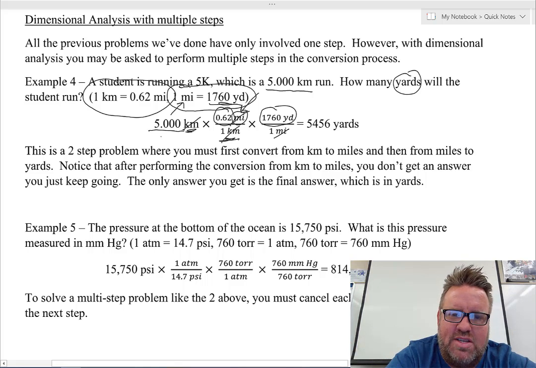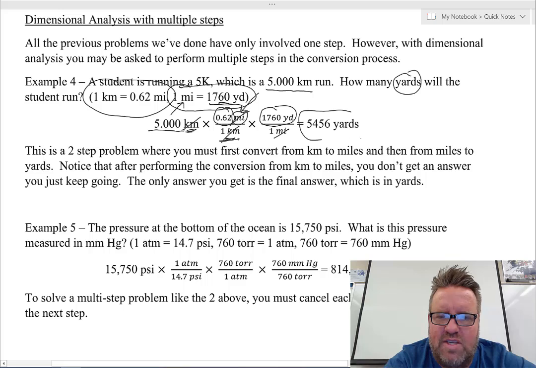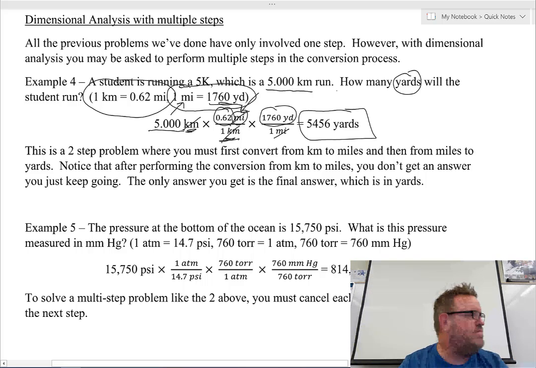When we put this into the calculator, 5.000 times 0.62 times 1,760, we get our final answer of 5,456 with the correct number of significant figures.